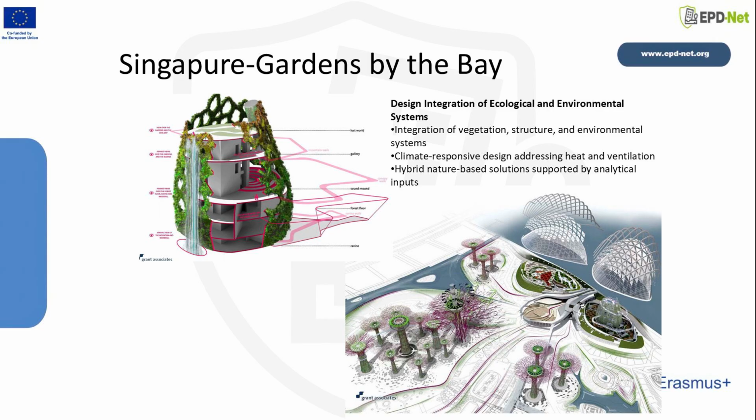Within this framework, GIS first enabled a comprehensive analysis of spatial data such as land use, reclaimed areas, and shoreline configuration. These analyses supported the interpretation of the site's relationships with both natural and built systems, informing decisions related to site selection and overall spatial organization.